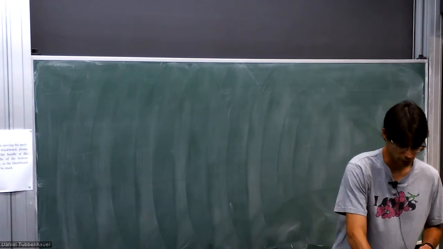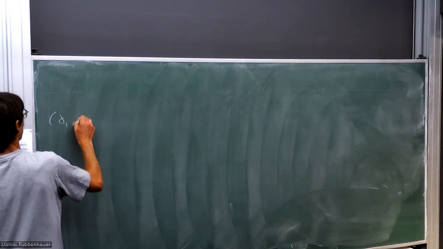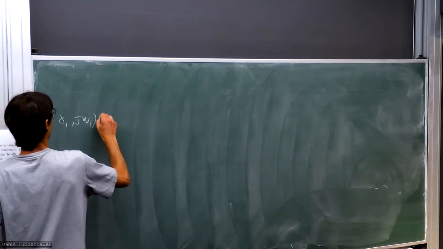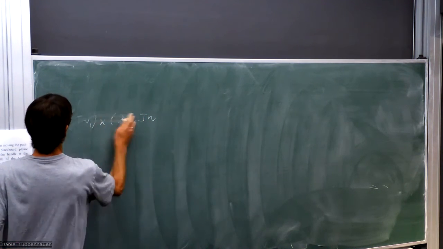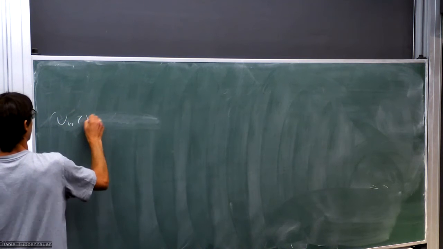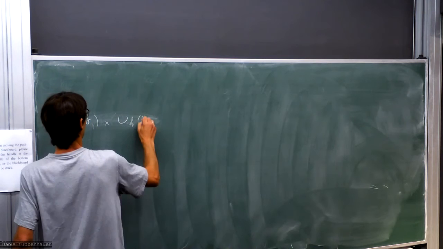Because all I want is that whenever I take gamma 1 with the tensor, and I want to multiply this with gamma 2, I want to do the lift of gamma 1 and multiply this by L 2.